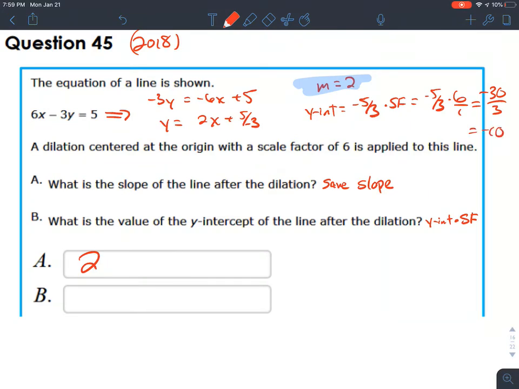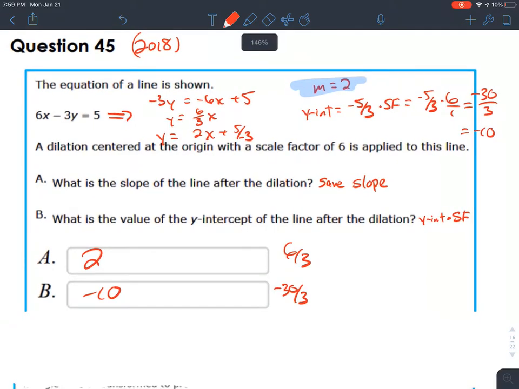So that's negative 10. The state will also accept for your answer, like if you don't simplify your fractions, for example, if you just divide this and you make this 6 over 3, you could have written that down here for the answer. It will also accept you writing negative 30 over 3 for this answer instead of negative 10. You don't have to simplify things on the state test, which is nice.